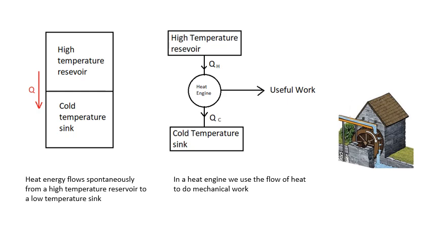As the water flows from high to low, it's producing mechanical work for us. Okay, so in a heat engine, we use the flow of heat to do mechanical work. And the work that we get is QH minus QC. The heat that we get from the hot source, QH, minus the heat that goes into the cold temperature sink, QC.